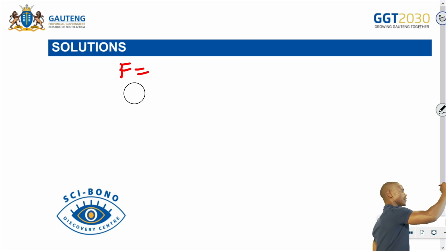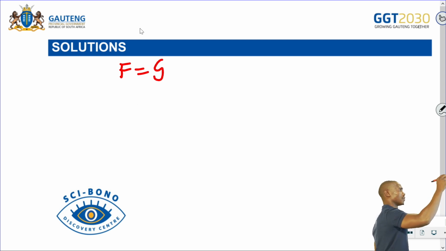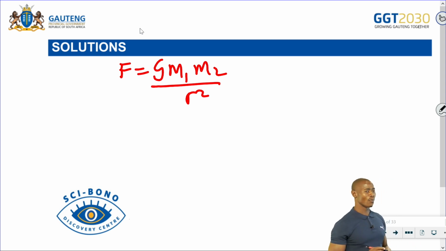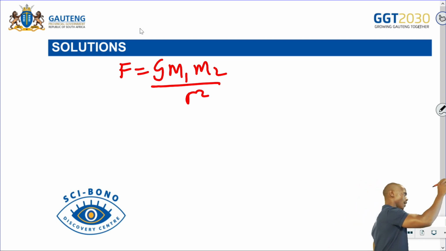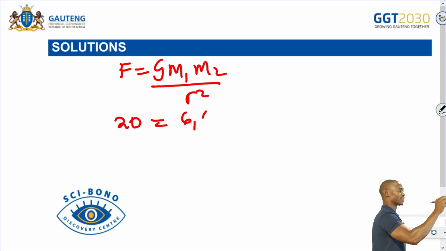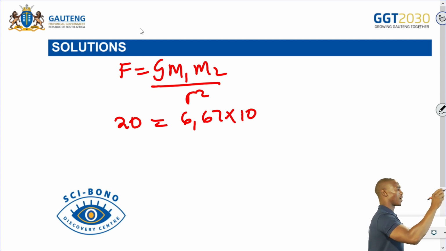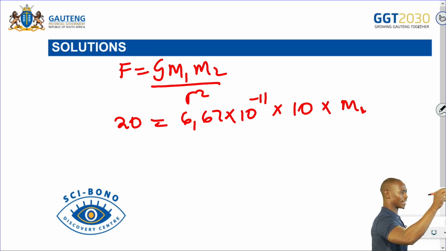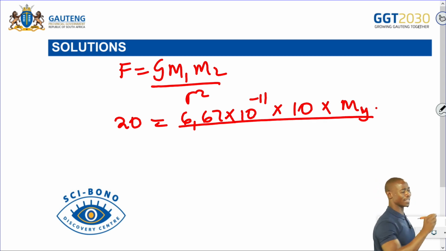F equals G M1 M2 over R squared. So this object weighs 20 newtons. So weight is the gravitational force, so I'm having 20 there. 6.67 times 10 to the power negative 11. Then we have the mass of this object as 10, and then the mass of this planet, I'll use M there, the mass of planet Y. And what is the distance?